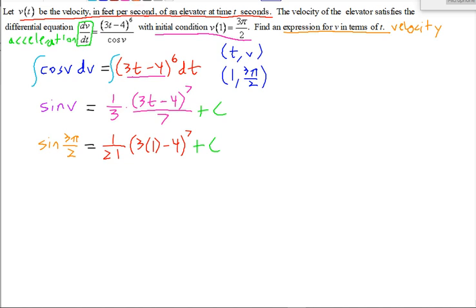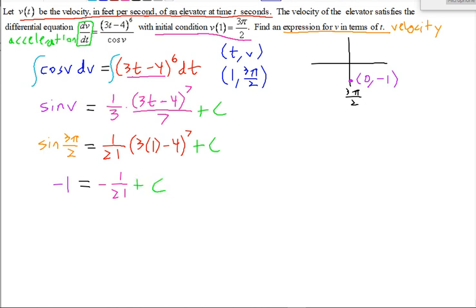Sine of 3 pi over 2, 3 pi over 2 is right here. The sine is the y coordinate, which is negative 1, equals, well, 3 minus 4 gives you negative 1 to the 7th. This is an odd exponent, it's a negative 1. So this is negative 1 over 21, plus c.